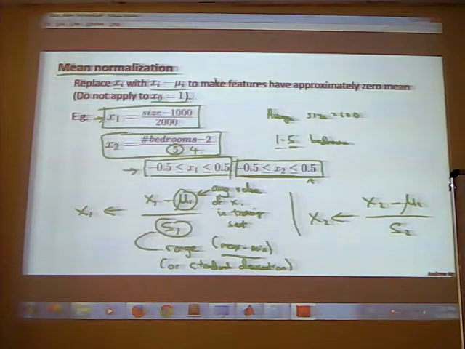Say we are talking about x1, so the average of all x1 features. So size minus mean, divided by the range, that means the higher value minus the lower value. So we will have a more sophisticated range of the features. I hope you already know this method, mean normalization.